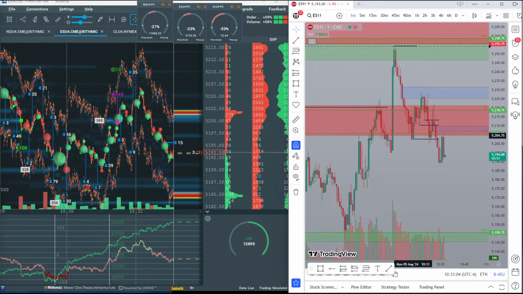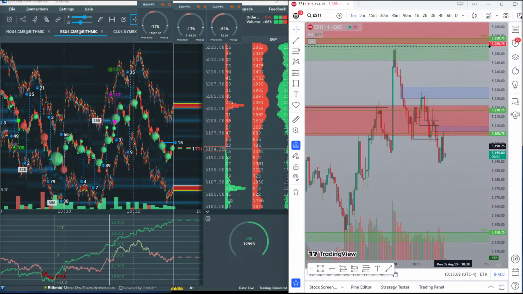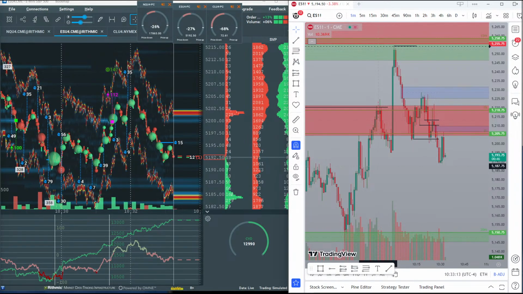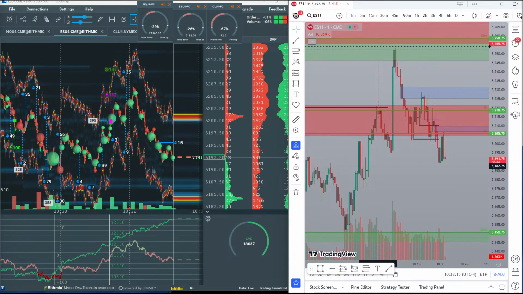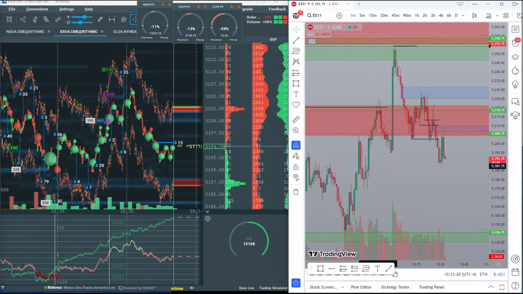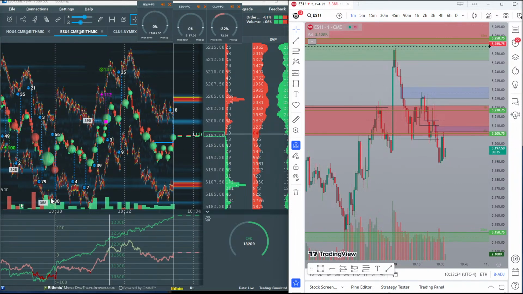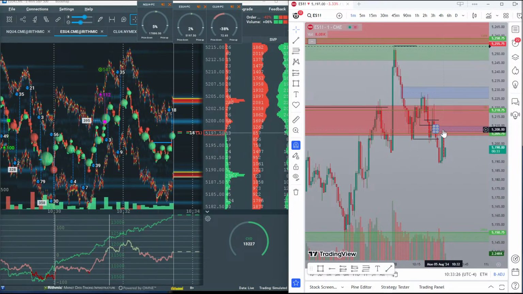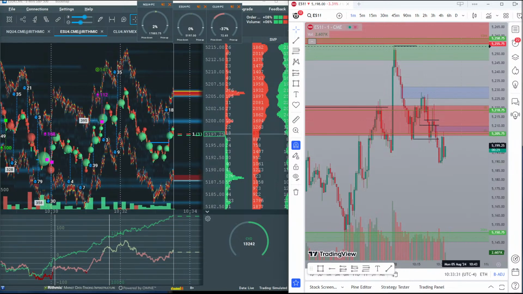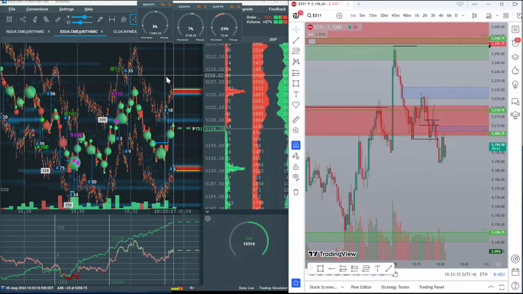See if we chop our way back up. Alright, yes, trying to make its way back up. I want to see how we react to this zone, 52.07 to 52.10, right up here.